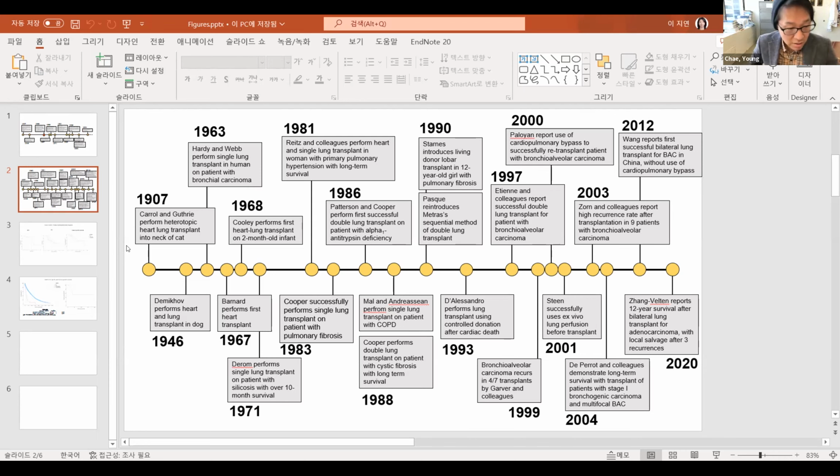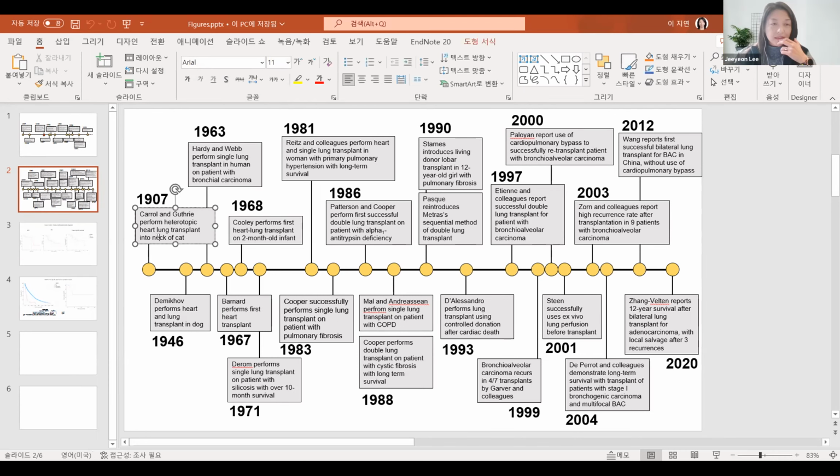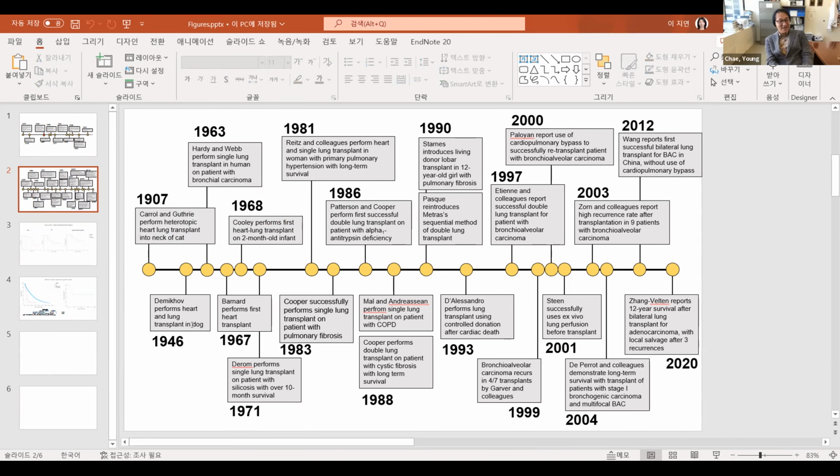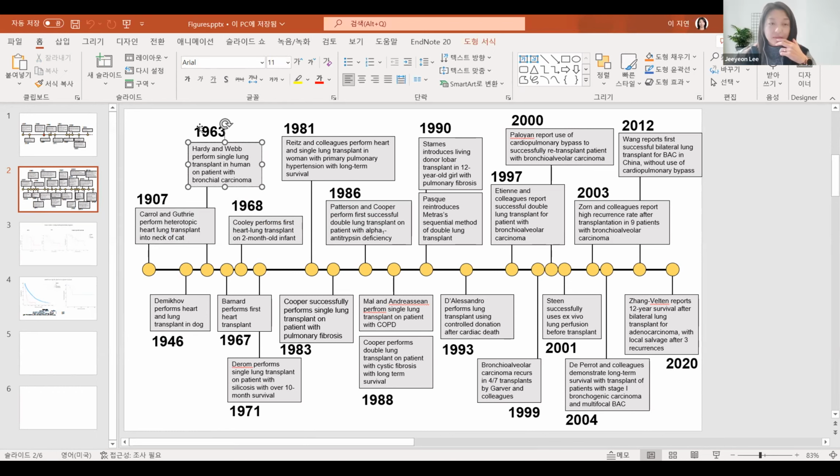Well, this is an animal study, and this is an animal study as well. And this is the rare first case in a human being. So let's do just the human case.